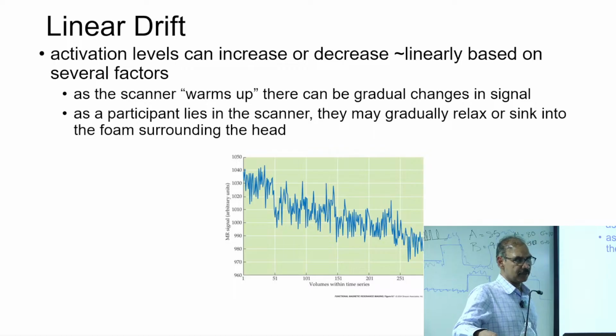And if you observe a drift, then you should complain to whoever your scanner manufacturer is, right? So if this was obtained from phantom, then it would suggest that there is something which is affecting the signal and the signal is going down.